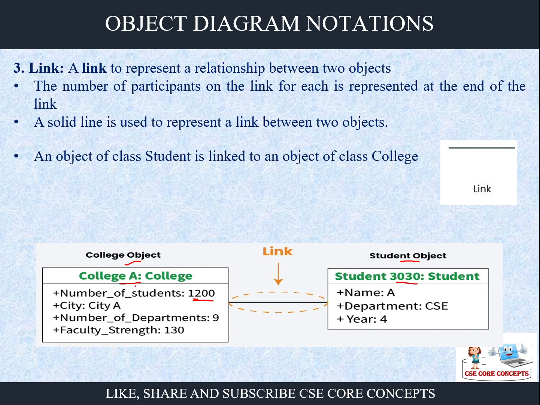So let's say I'm talking about College A. There are 1200 students in that college. It belongs to some city A, and there are 9 departments in the college with a faculty strength of 130. And for the student object, let's say the name of the student is A, department is computer science engineering, and he is in 4th year. These values make the difference between the object diagram and the class diagram.